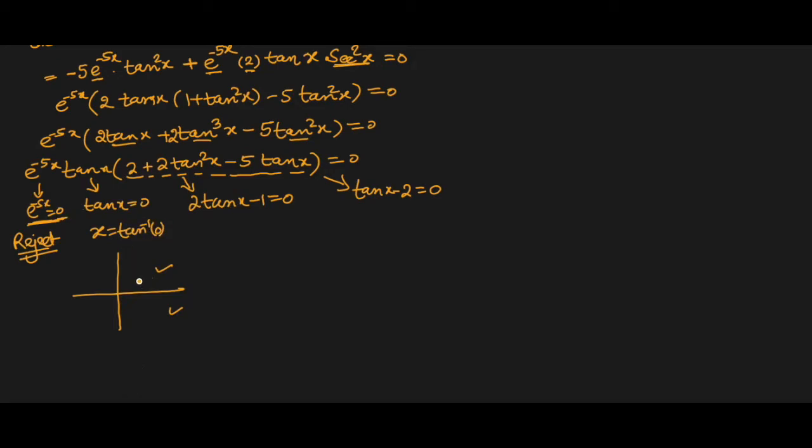Whenever we have 0, just put tan inverse 0 in your calculator and you will get x equal to 0 for sure, because this is the place where tan is 0 when the angle is 0. So this gives us x equal to 0. Let's talk about this one. 2 tan x equal to 1. That means tan x equal to 1/2, and x will be tan inverse 1/2.